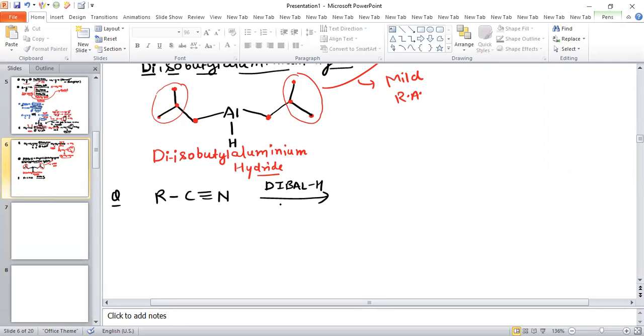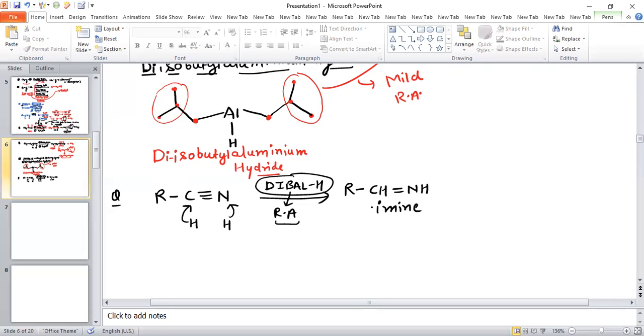In this case, because this is a reducing agent, it will also provide nascent hydrogens. Because it is reduction, and in a reduction reaction there is addition of hydrogen, this will convert into RCH double bond NH. So this compound is basically an imine.